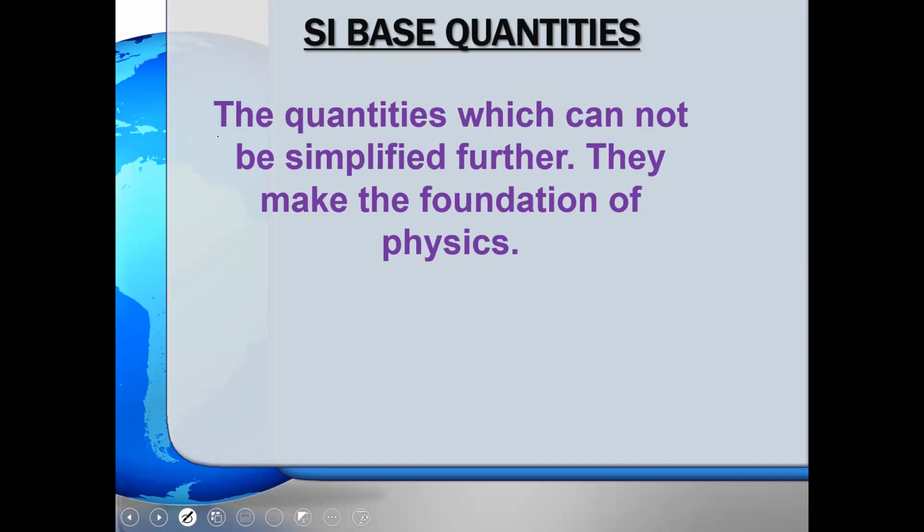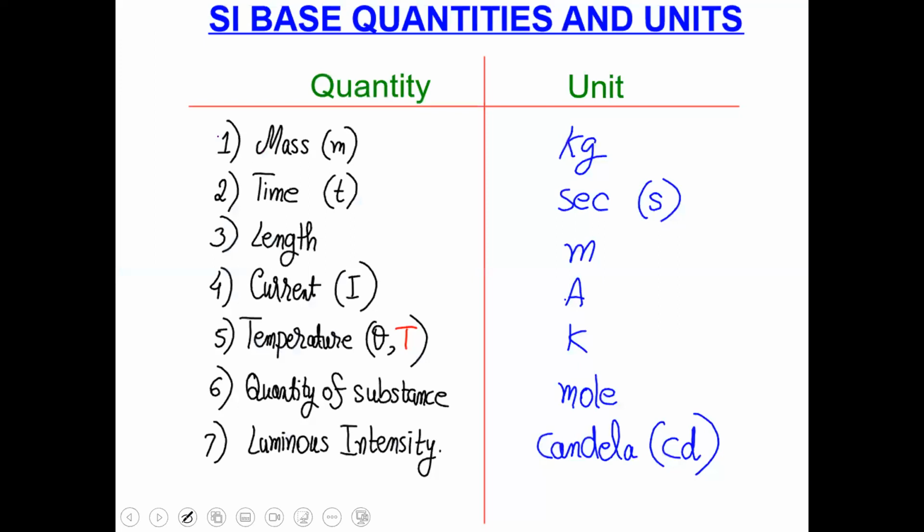Done, sir. Now this is the definition, and now I want to recall from O-level physics what the base quantities are: mass, time, length, current, temperature, quantity of substance. Luminous intensity might be new for you. Now there are 7 base quantities.